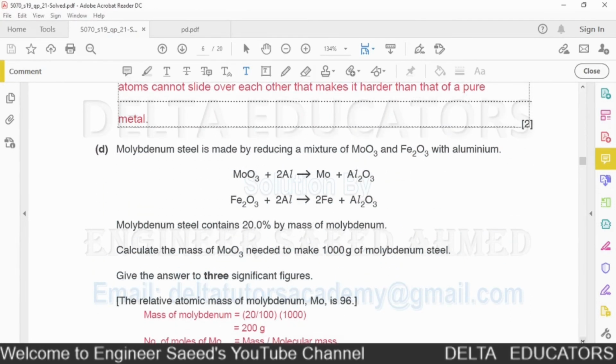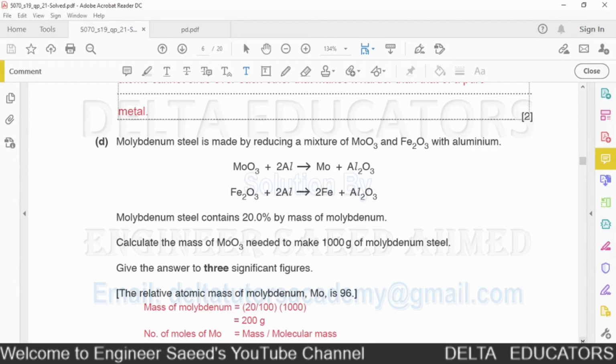Part D. Molybdenum steel is made by reducing a mixture of molybdenum oxide and ferric oxide with aluminum. Here the equation is given. Molybdenum steel contains 20% by mass of molybdenum.